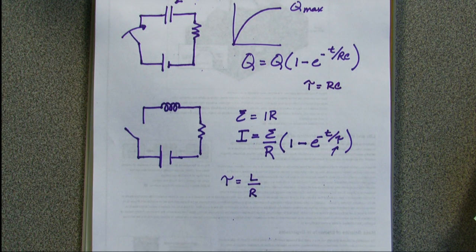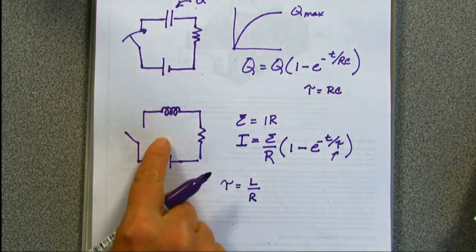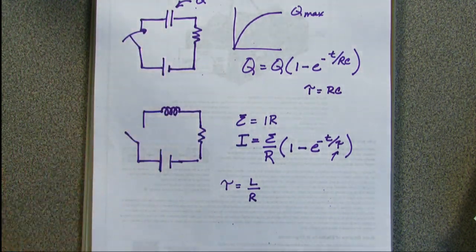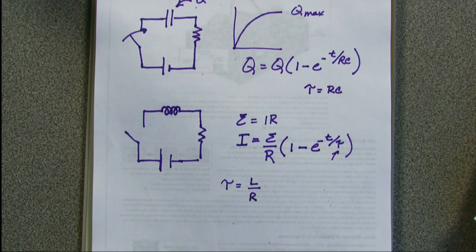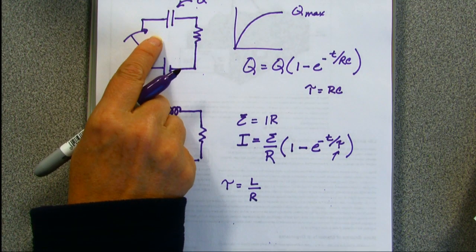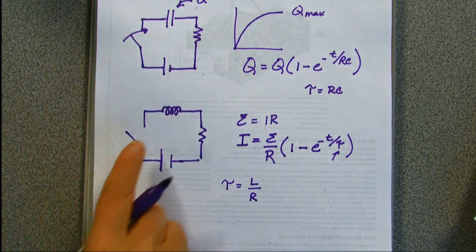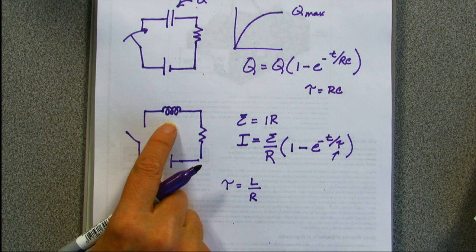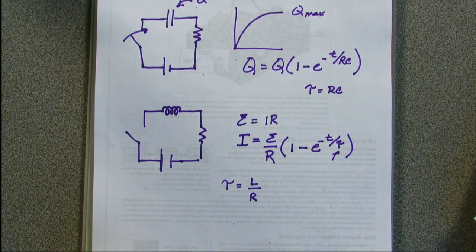So we see that these things are doing things to the system in different ways. It's going to take a little while for my capacitor to charge up before I let current through. This is fighting the changing current, so it's going to take a little while before it lets the current pass through.